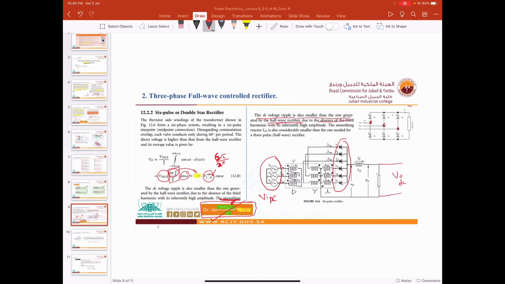And the smaller the ripple, the smoother the current and the smoother the voltage. I mean that, guys, this is the waveform of three phase half wave.